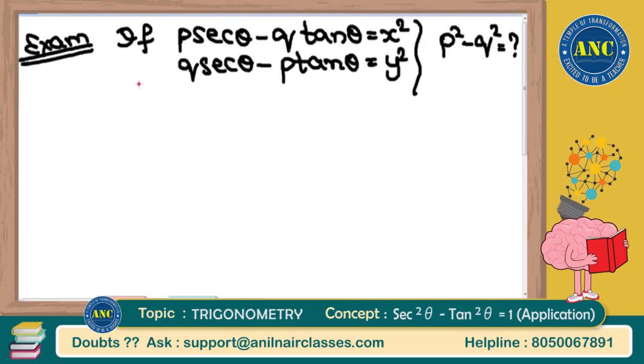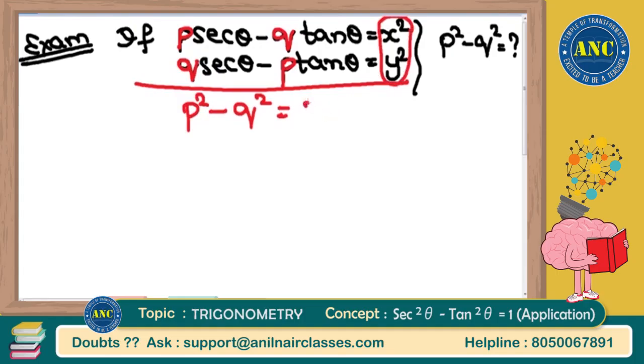Just now we discussed, if the coefficient of secant becomes the coefficient of tan, and the coefficient of tan becomes the coefficient of secant, I can directly write it as p square minus q square is equal to, what will be the right hand side? X square minus y square, right? But here the students will make a mistake.